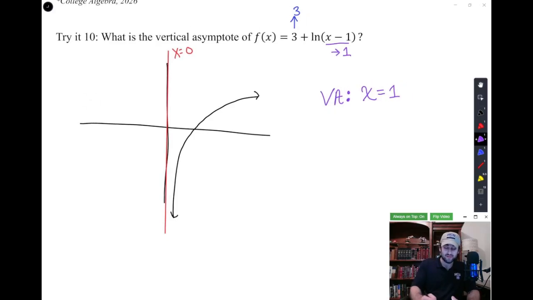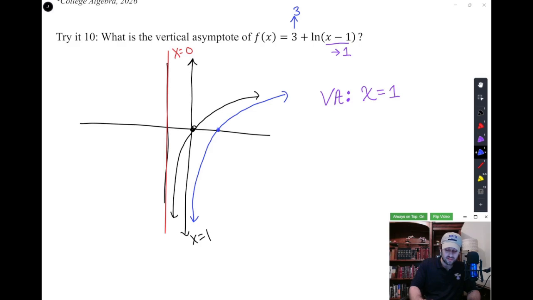So if we wanted to graph that on this graph, we would just go over to 1 and draw a new asymptote right there at x equals 1 and sketch a new function that approaches that asymptote and is just shifted over by 1.